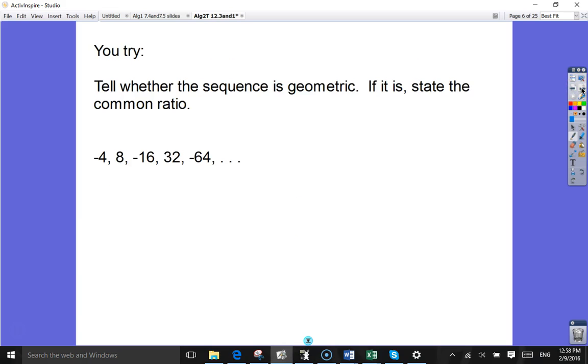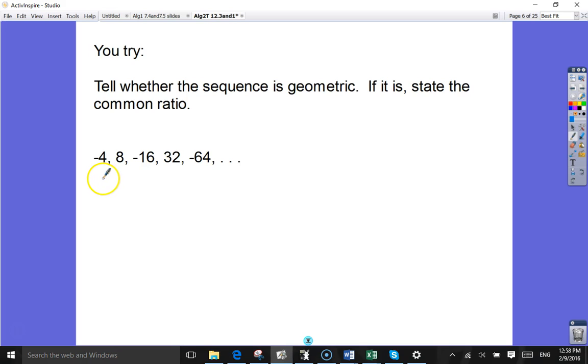That means it is geometric. So try this one. Tell whether it's geometric, and if it is, what's the common ratio? Is it geometric?